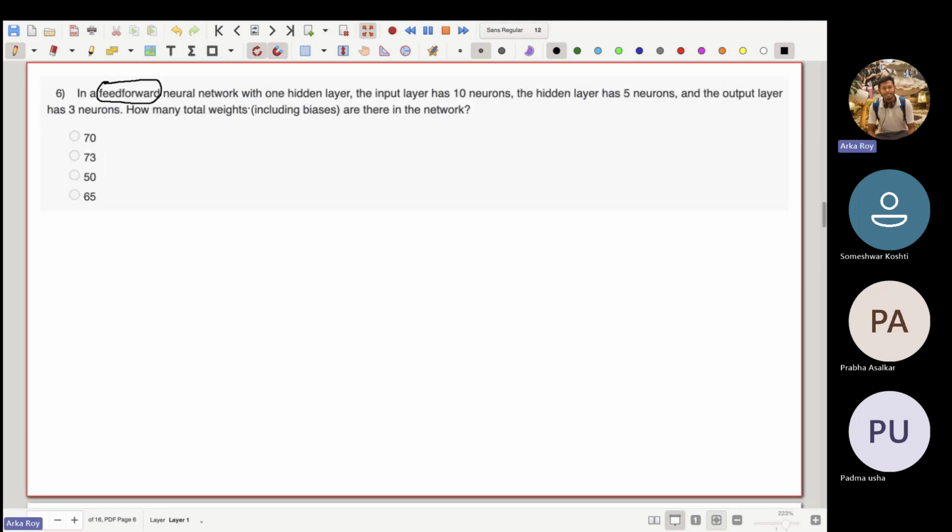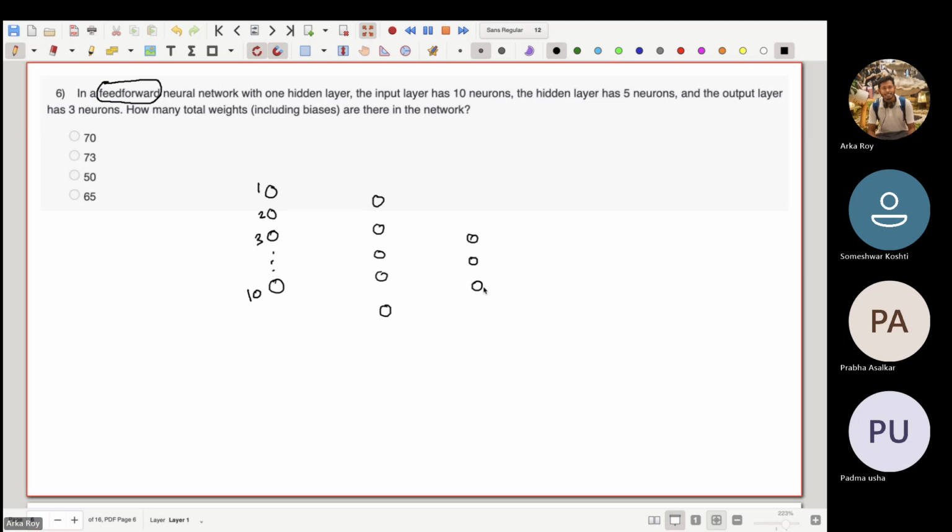So the feed-forward neural network architecture has one hidden layer. The input layer has 10 neurons: 1, 2, 3, up to 10. The hidden layer has 5 neurons, and the output layer has 3 neurons.